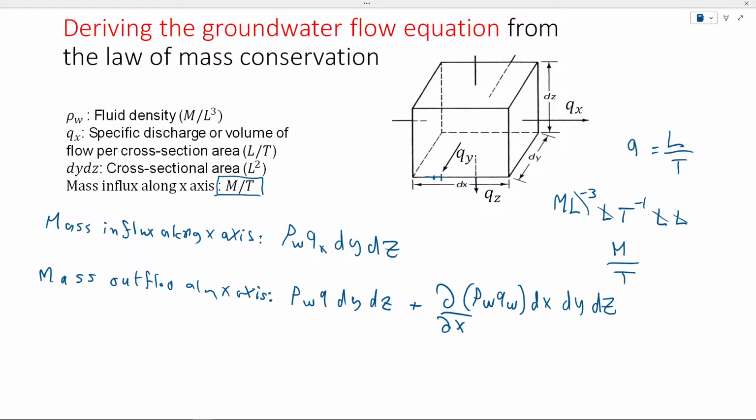Here, for example, this would be dz and this is dy for this dx, and then the same for another one here. I need to look at the whole volume. This is one here.